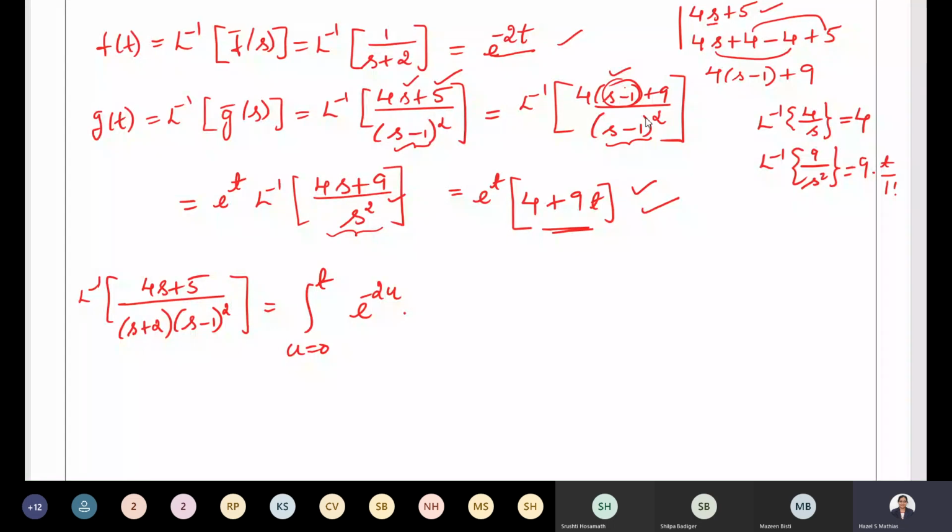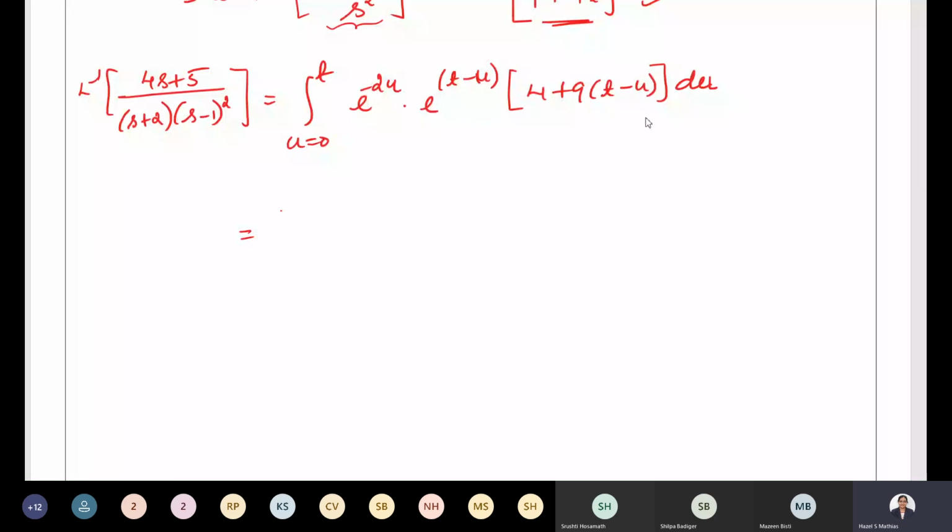We get e power (t - u) into (4 + 9 into (t - u)) du. Now simplify this and write. So what do we get after simplification?